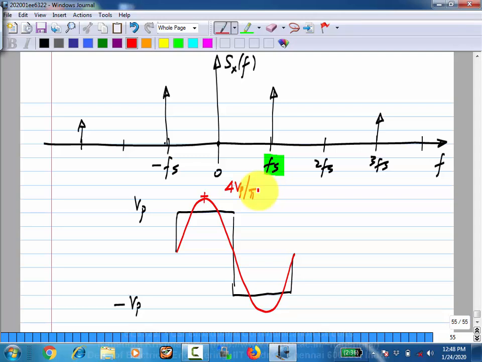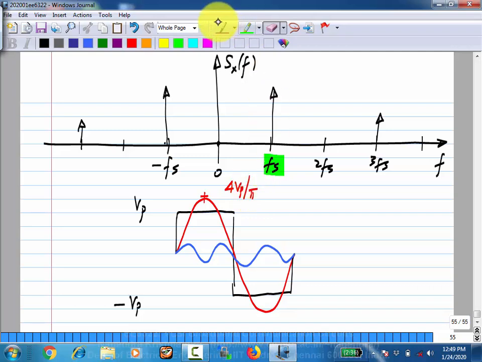And in fact, the third harmonic will be like this. So the net effect is to raise this part and then lower this part and get it closer to the square wave. But let's look at only the fundamental.